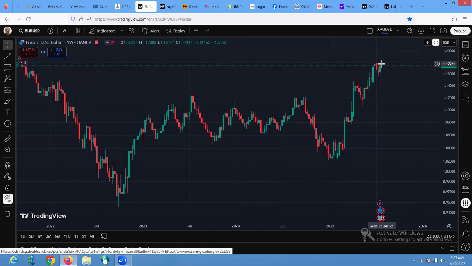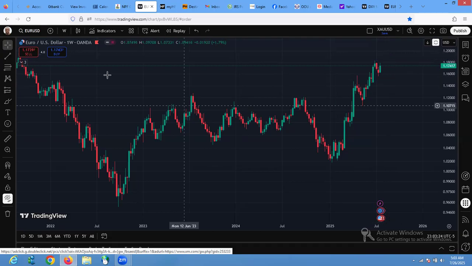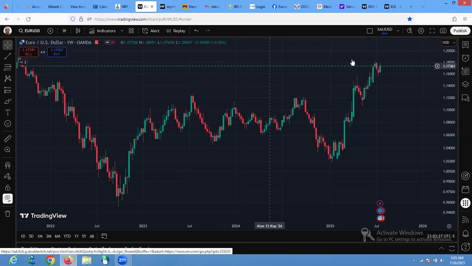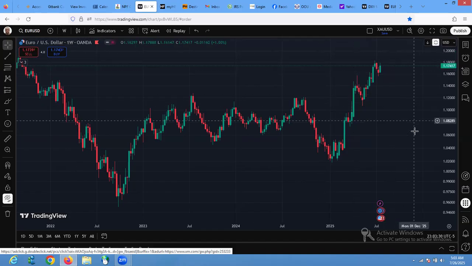One single week candle almost eroding the 2-week candle here. So once we break this, we are almost at par with it. Once we break this, then we just need to do one more up before we come to the downside. We are all edging close to the end of this move before we see a much bigger correction. If not changing the old trend, it's going to be a much bigger correction to the downside.